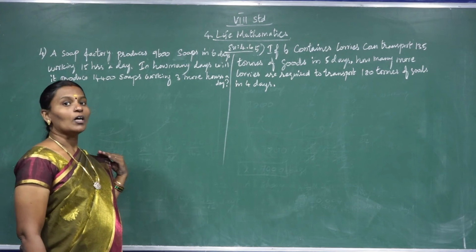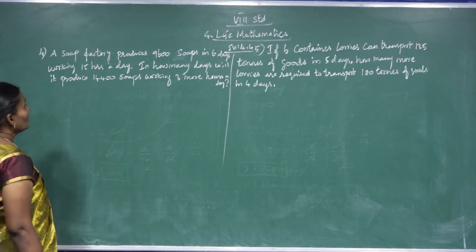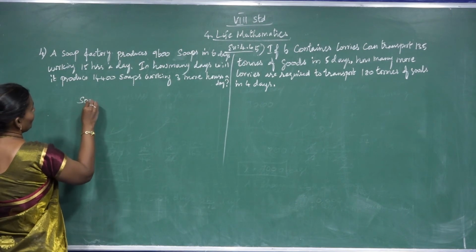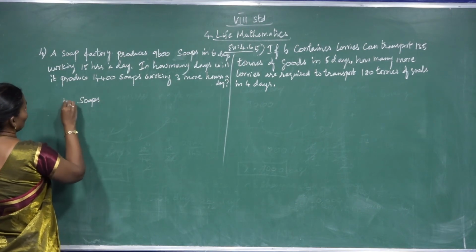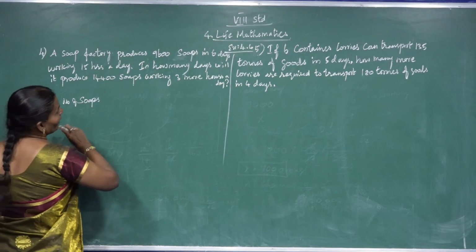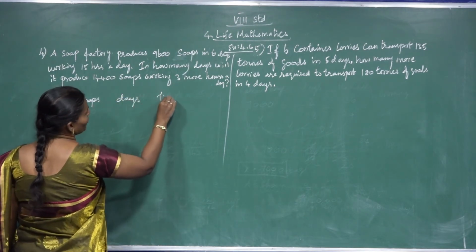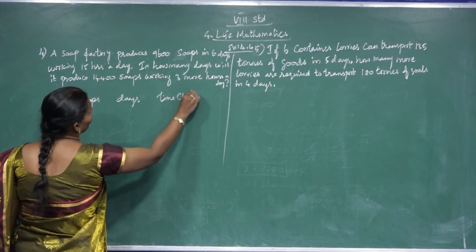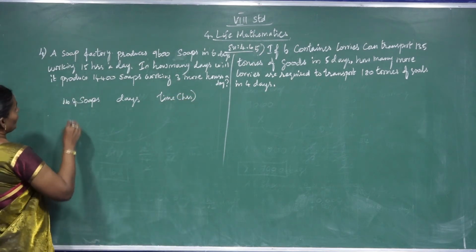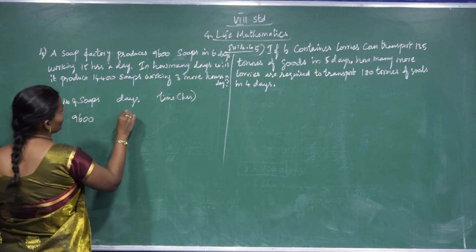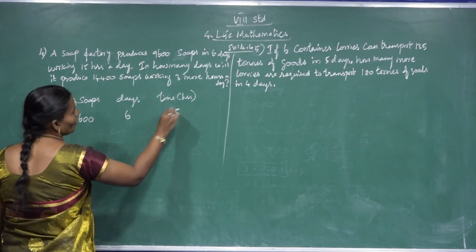So here, what are the headings? Number of soaps, number of days, and time, mentioned here in hours. The soaps are first: 9,600 soaps, 6 days, and 15 hours.